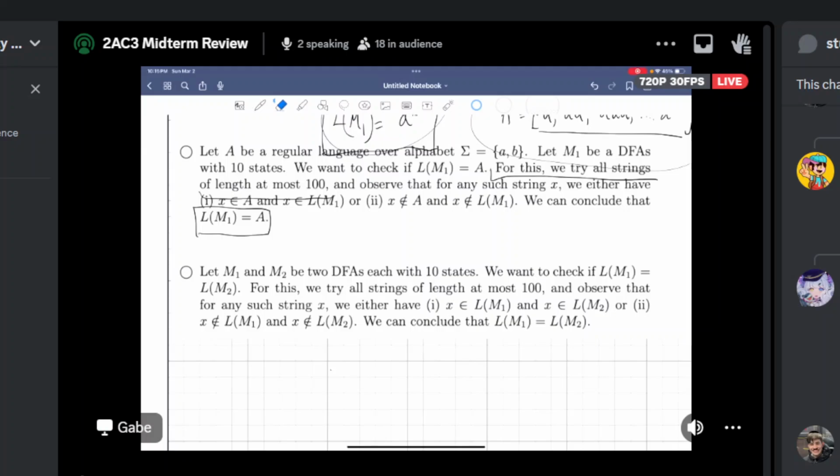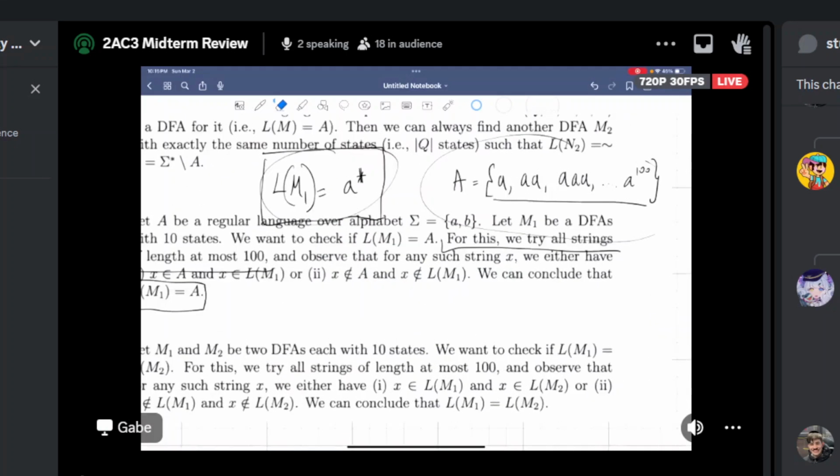Oh, Peter, I don't understand the relationship between the number of states and the length of the string.